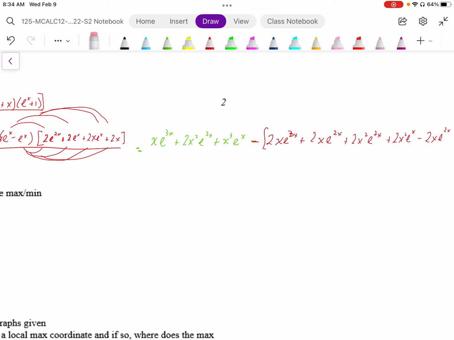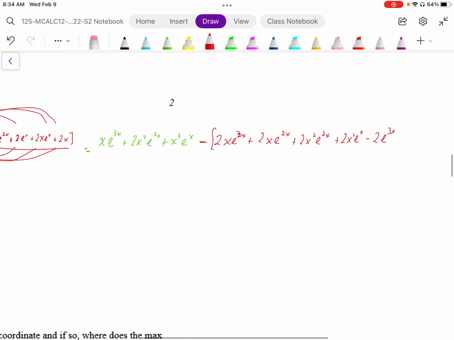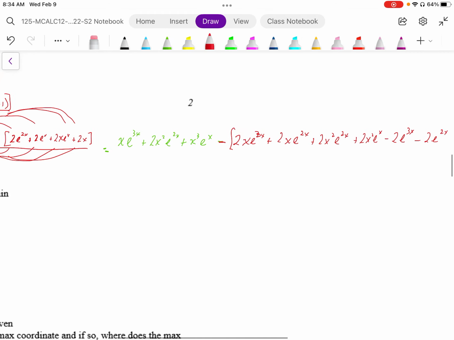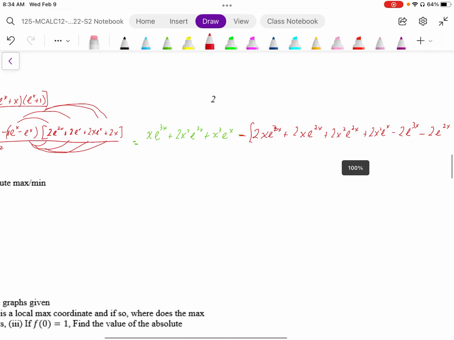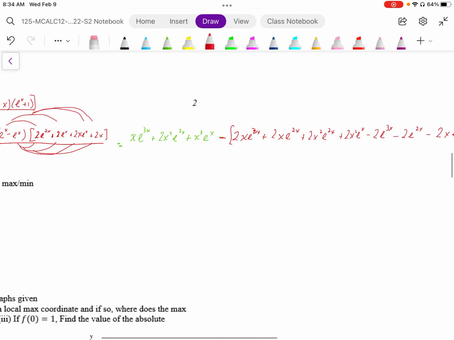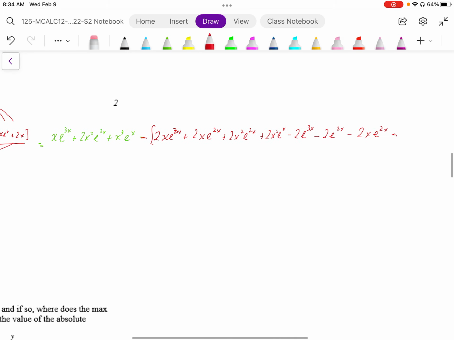It's going to be 2 e to the 3x. Then we get 2 e to the 2x. Then we end up with minus 2x e to the x, minus 2x e to the 2x, and then 2x e to the x. So 2x e to the x.